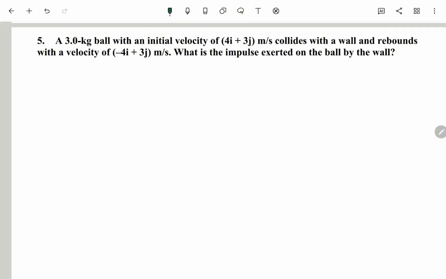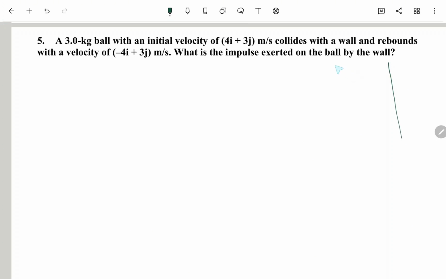A 3 kilogram ball with an initial velocity 4I plus 3J meter per second collides with a wall and rebounds with a velocity minus 4I plus 3j meter per second. What is the impulse exerted on the ball by the wall? Now let's just sketch the situation.